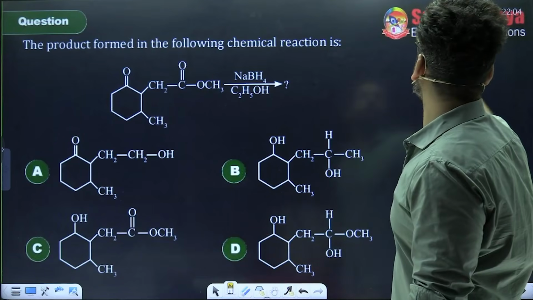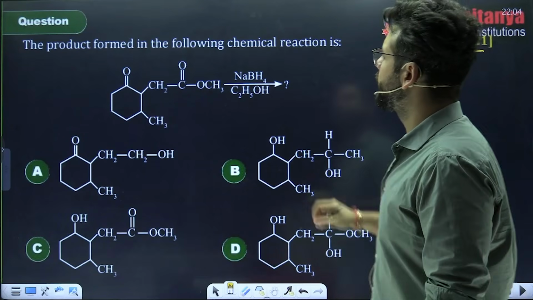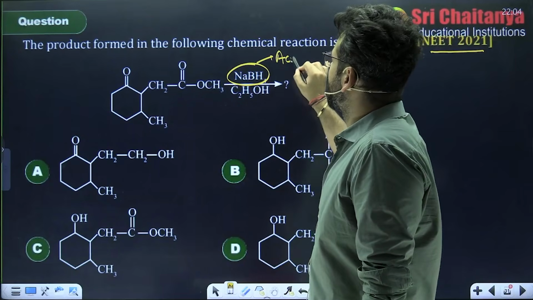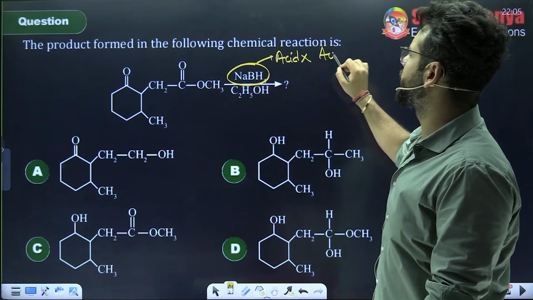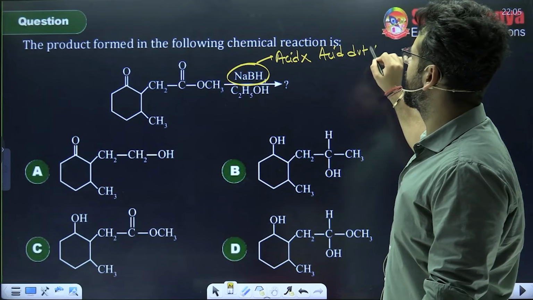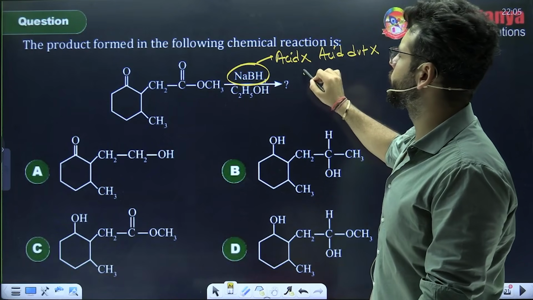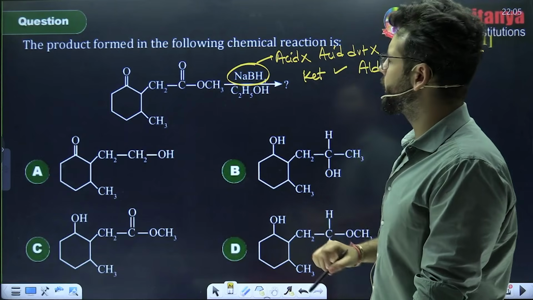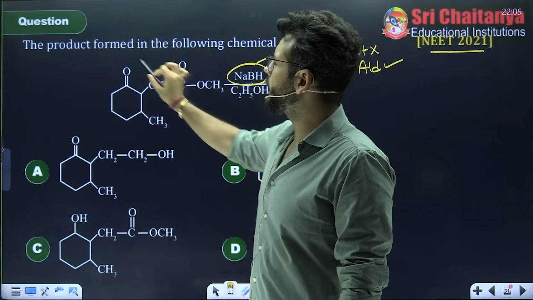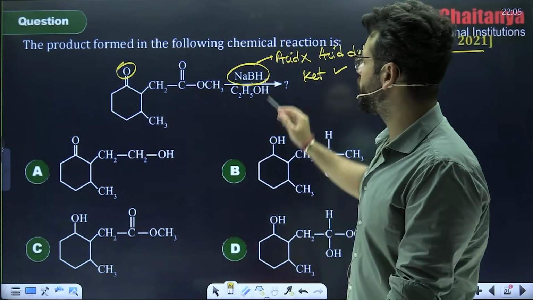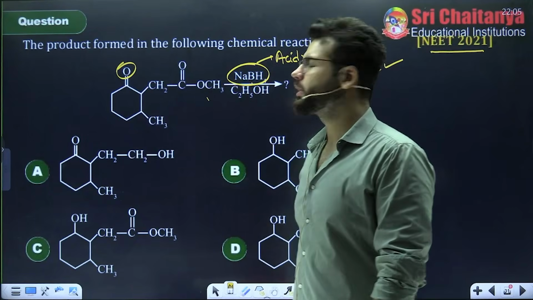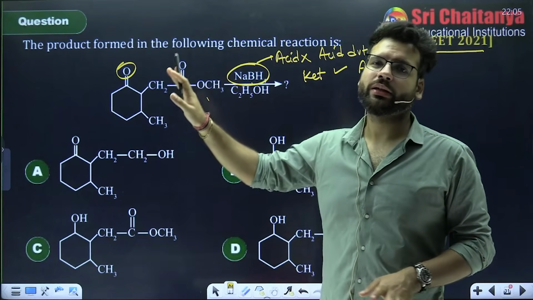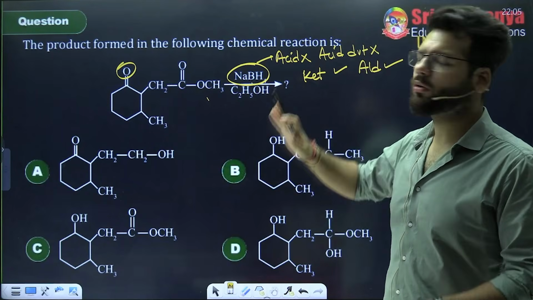Next question is again from NEET 2021. NaBH4 never reacts with acid nor with acid derivatives, but it can react with aldehydes and ketones. So it can reduce your ketone to alcohol, but will not touch the carboxylic acid group, and will not touch the carboxylic acid derivative group. Ester will not be reduced.